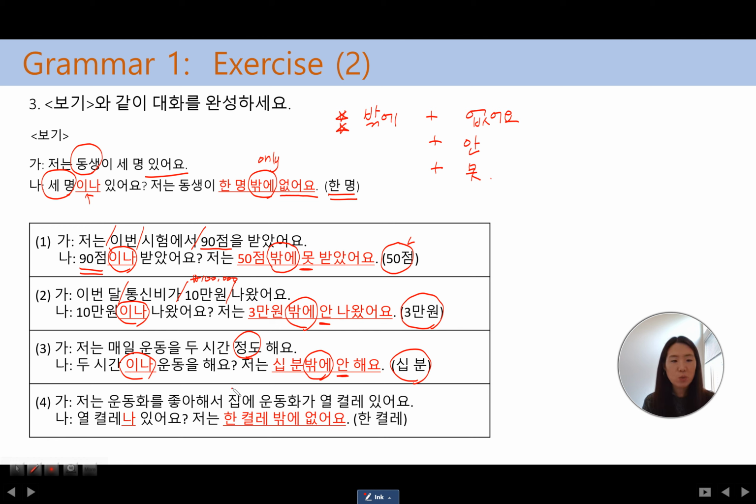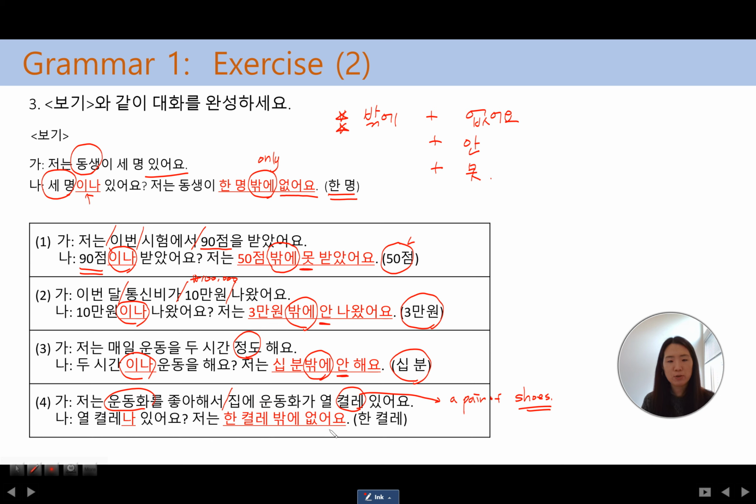Number 4. 저는 운동화를 좋아해서 집에 운동화가 10켤레 있어요. 켤레 is the unit for a pair of shoes, especially shoes. 한 켤레 is for shoes. Because I really like running shoes, sneakers, 집에 운동화가 10켤레 있어요.